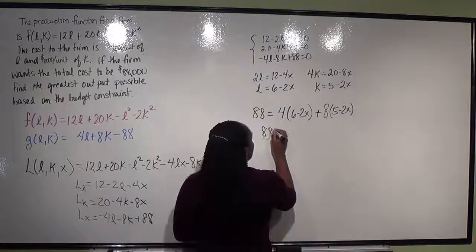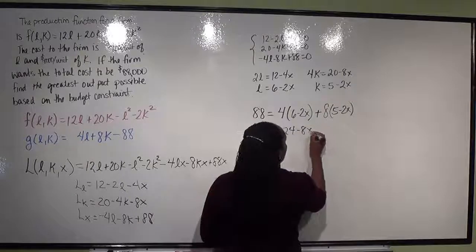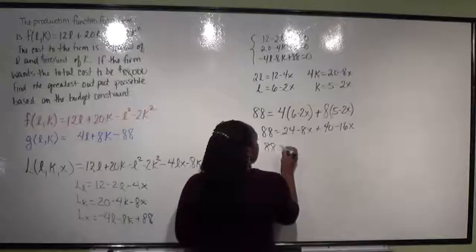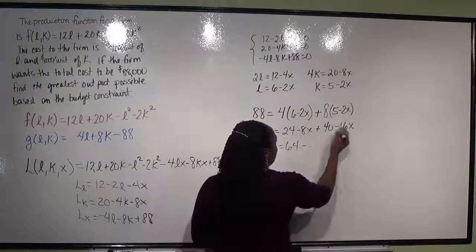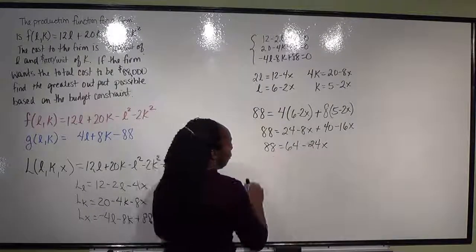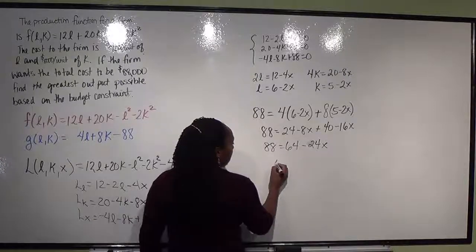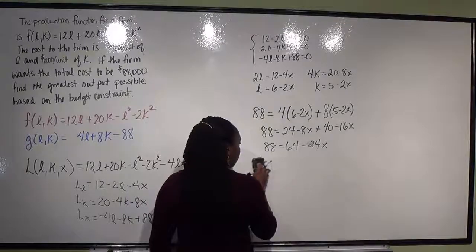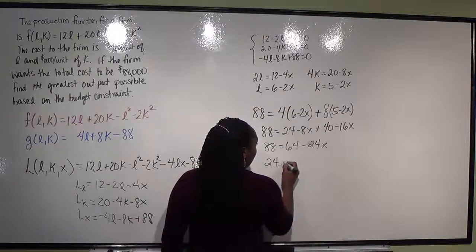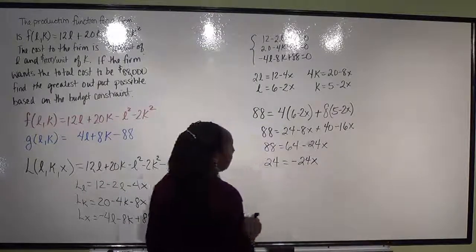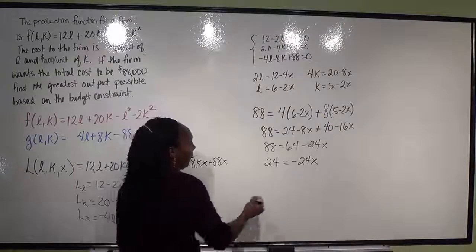So here 88 is going to equal 24 minus 8 lambda plus 40 minus 16 lambda, which looks like 64 minus 24 lambda. Subtracting 64, 24 will equal negative 24 lambda, or lambda will equal negative 1.